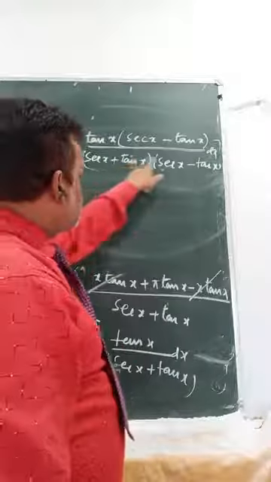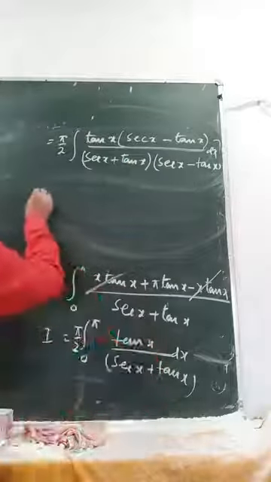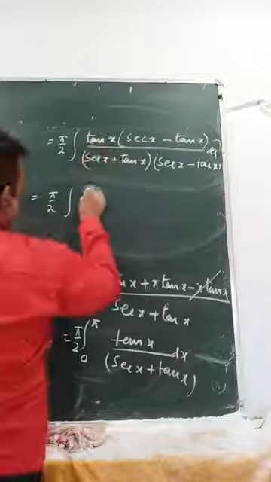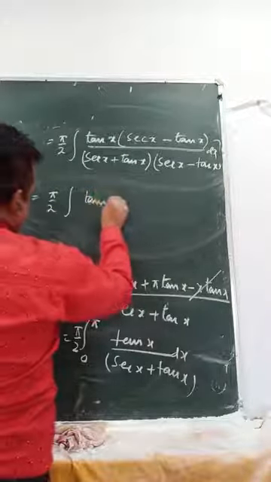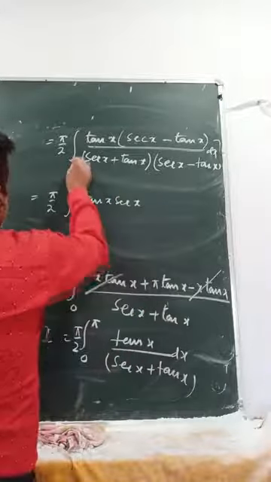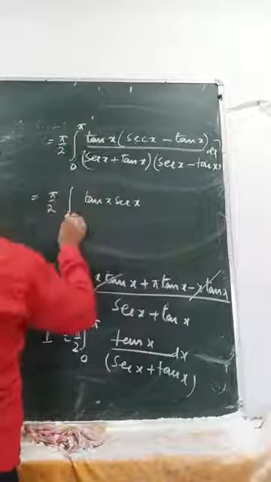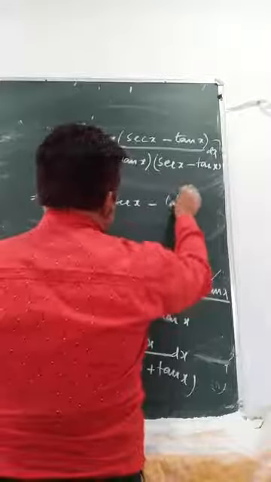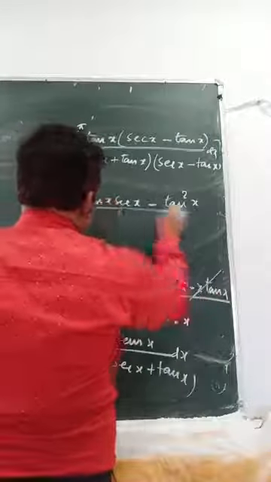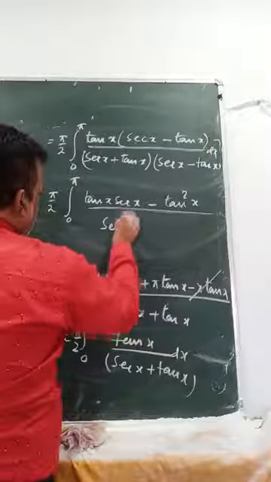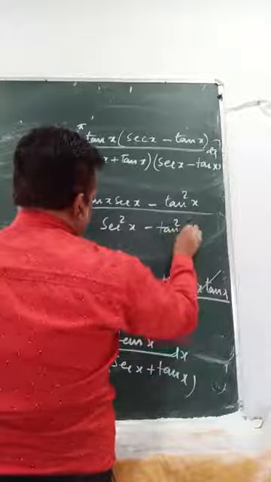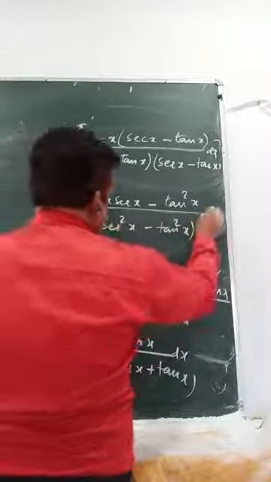Now this will be sec square x minus tan square x. Pi by 2, tan x sec x, 0 to pi, don't forget, minus tan square x by sec square x minus tan square x dx.